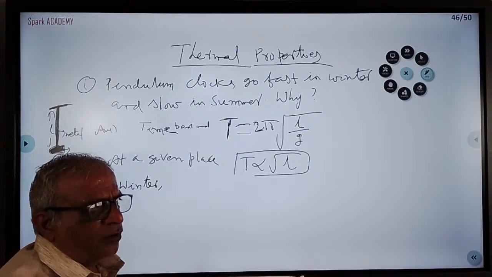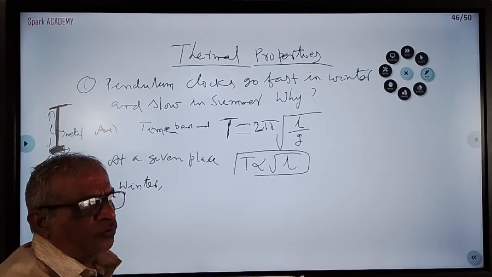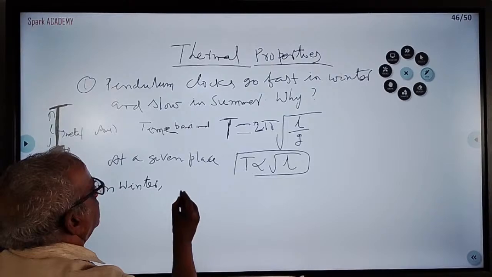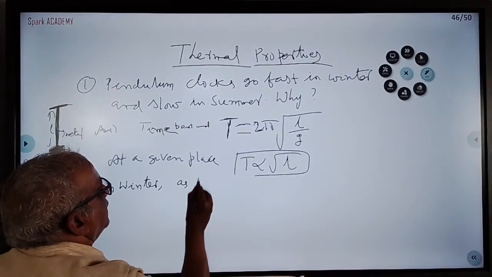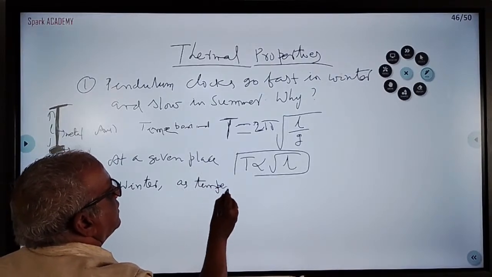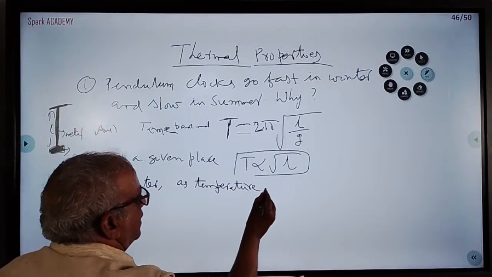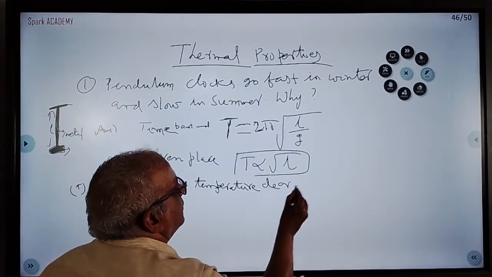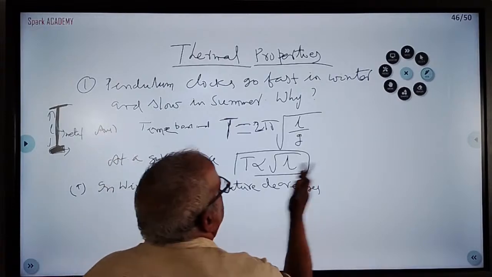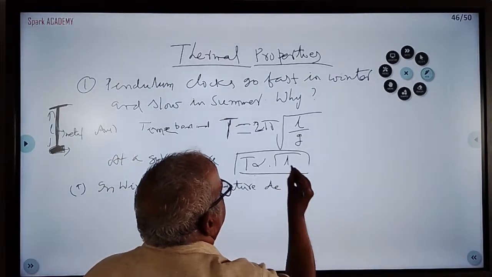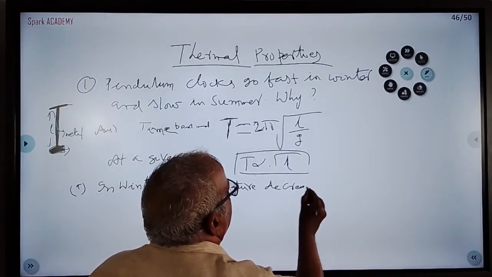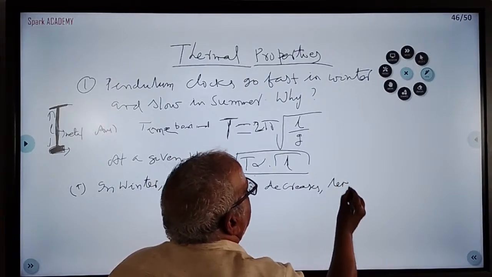Normal temperature is 25. Now let us say in winter it goes to 12 or 13 degrees. In winter, as temperature decreases, length L decreases.